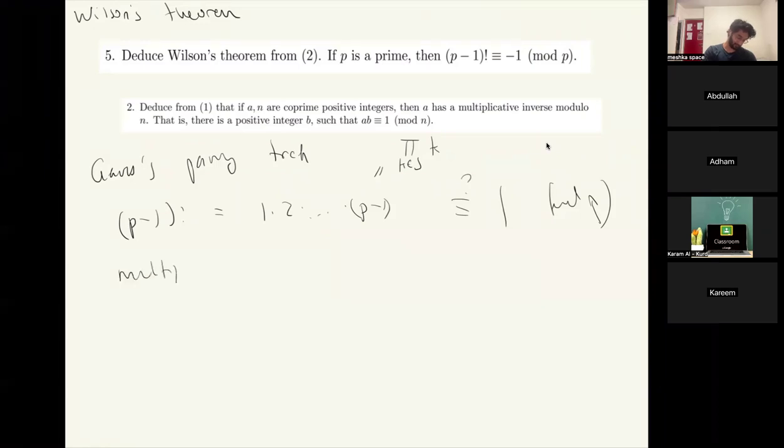Maybe we can write it like this. Usually we write it to the power minus 1. That's the notation we use. So we say 1 inverse is 1 mod P, so the multiplicative inverse of 1 is just 1. Now that's weird, right? Because I have even many terms, and one of them is paired to itself. Does it make sense?